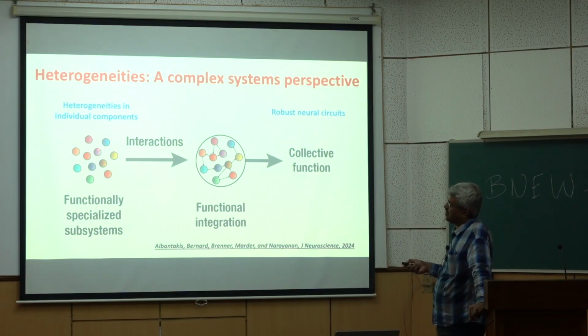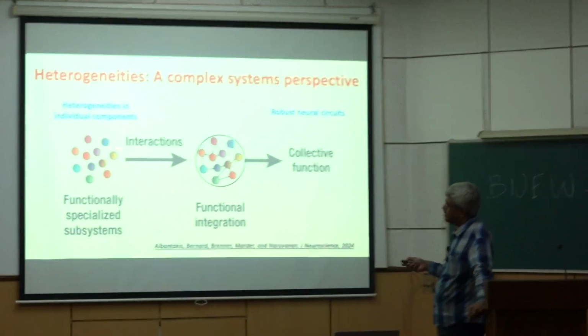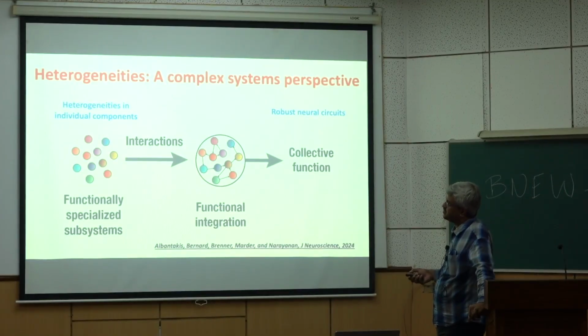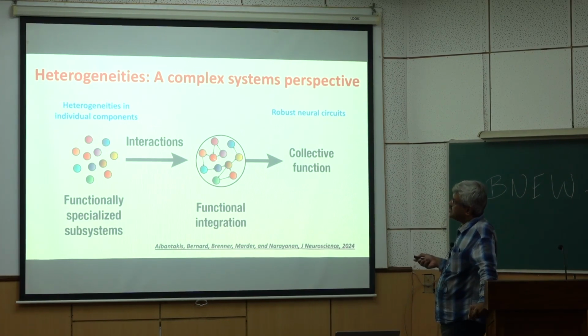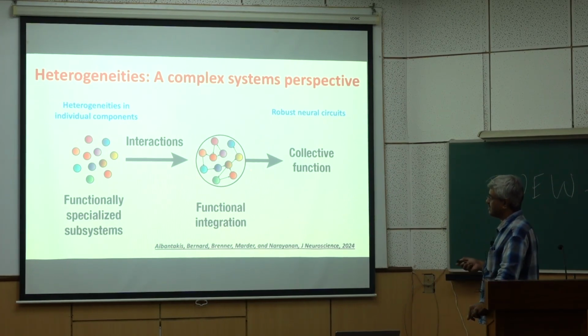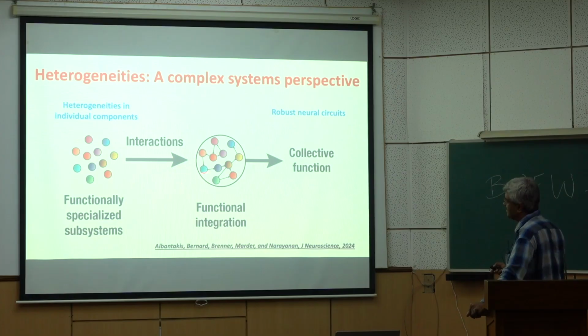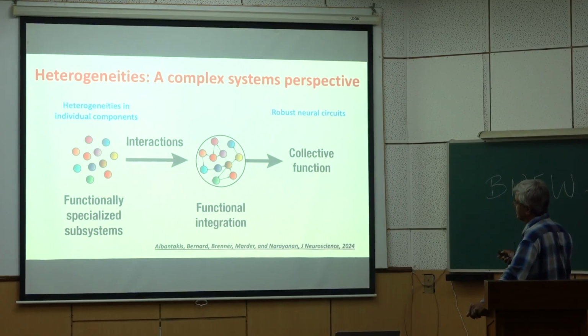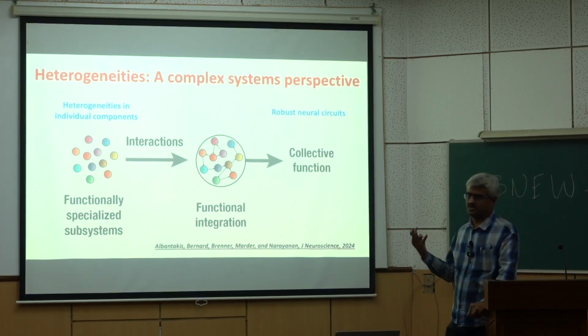You should have different heterogeneous subsystems which interact with each other in a specific manner, and that is going to be system dependent, network dependent, and task dependent. Those specific kinds of interactions between the different heterogeneities are what give you robust neural circuits.